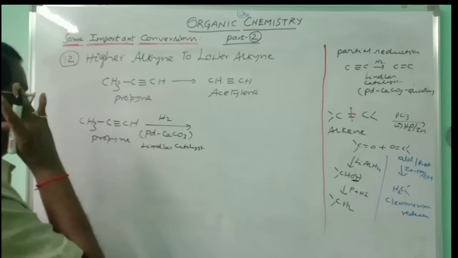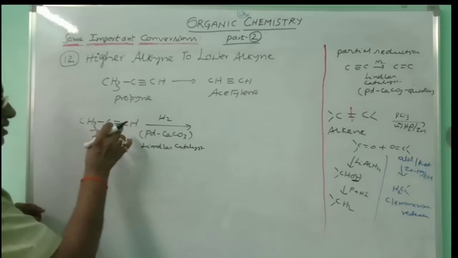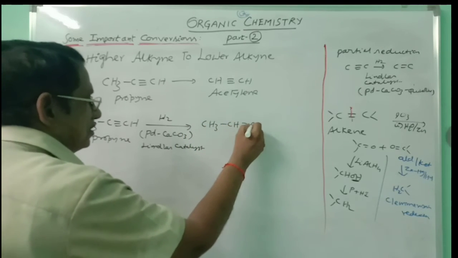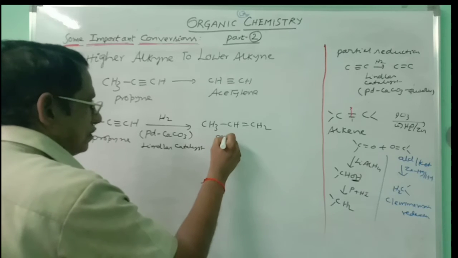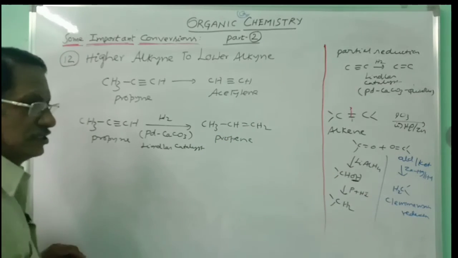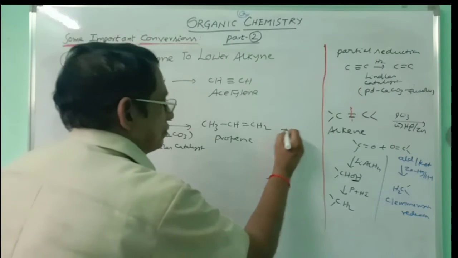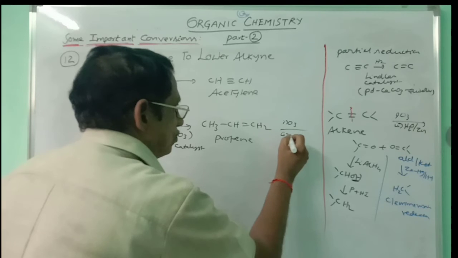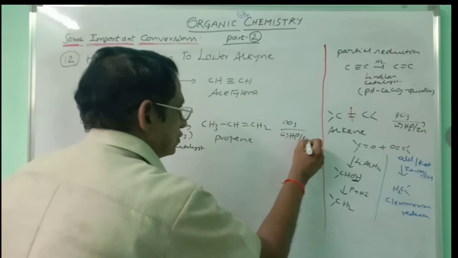Only one hydrogen will be added. So it is converted into CH3 CH double bond CH2. This is propene. Automatically one carbon can be removed easily by ozonolysis. So subject this to ozonolysis, first ozone, next hydrolysis. That is what we call ozonolysis.